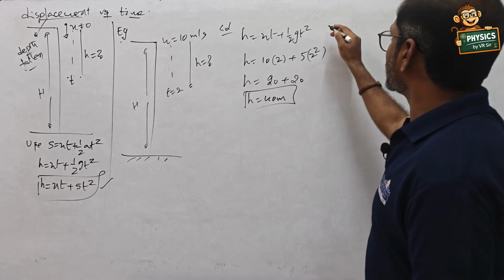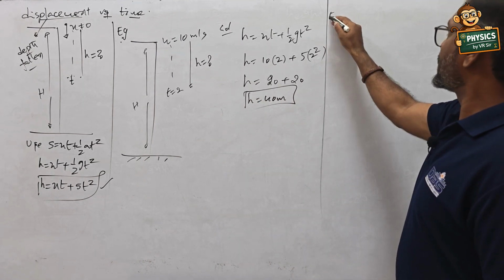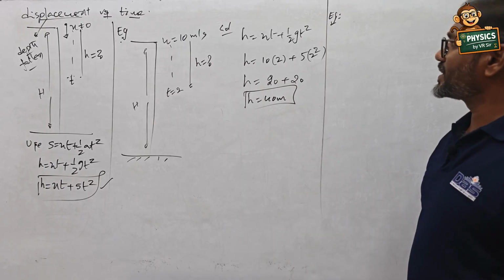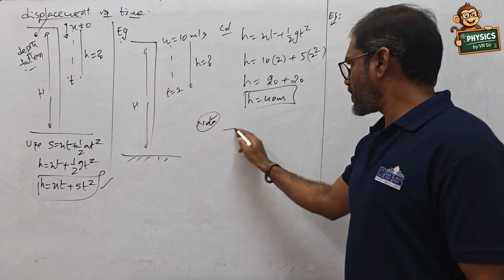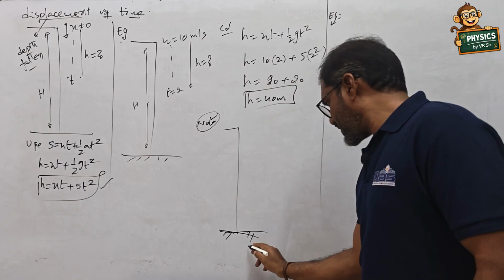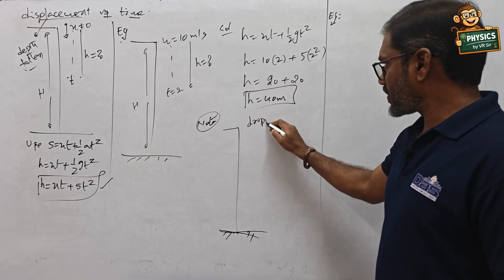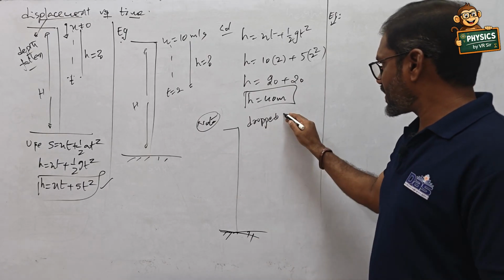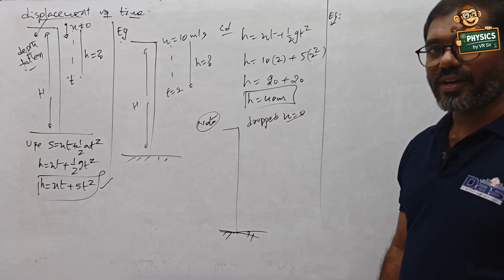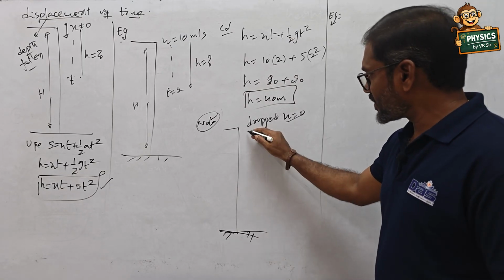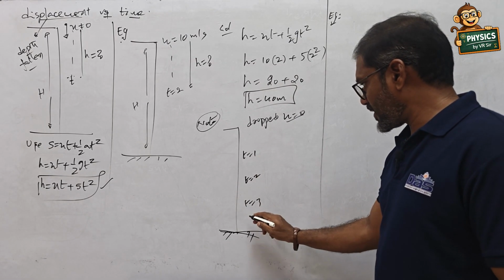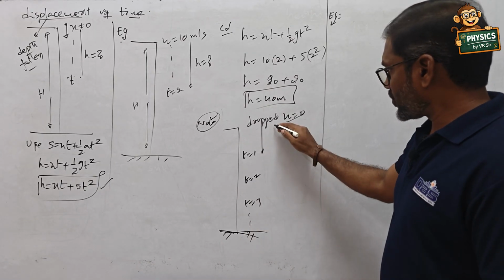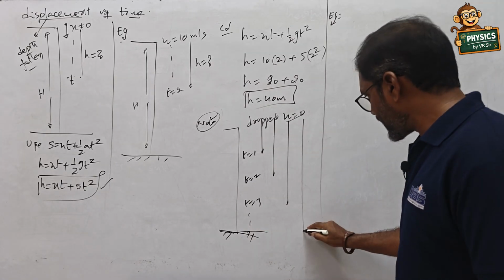Now can we look at this in a different way, I mean in an easier way? As a note, first we should have an idea about this. If it is dropped, u is equivalent to 0, right? And we did it already: t equivalent to 1, t equivalent to 2, t equivalent to 3 and so on. How much depth does it fall in 1 second, 2 seconds, 3 seconds, 4 seconds?